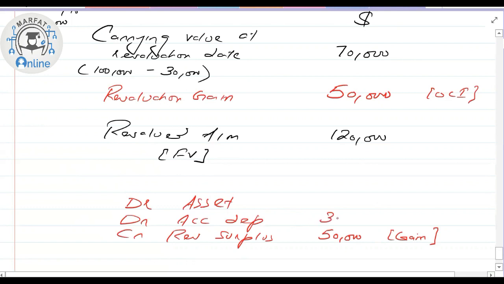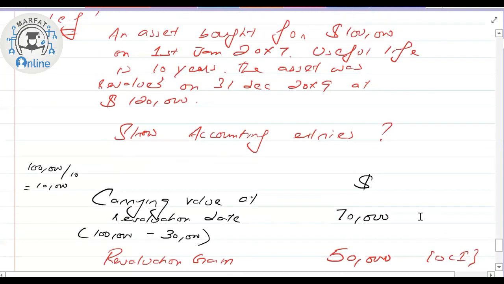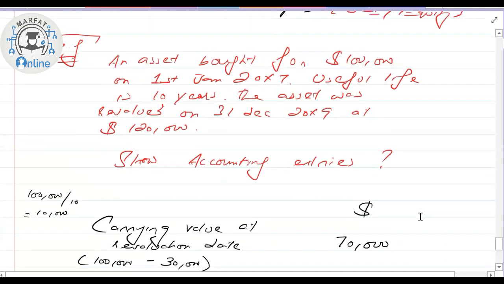Accumulated depreciation was 30,000, so we are de-recognizing it. Then the asset will be debited by 20,000. Now, why is the asset debited by 20,000? Because remember one thing, the cost of the asset was 100,000, and in the ledger, the asset is at cost.